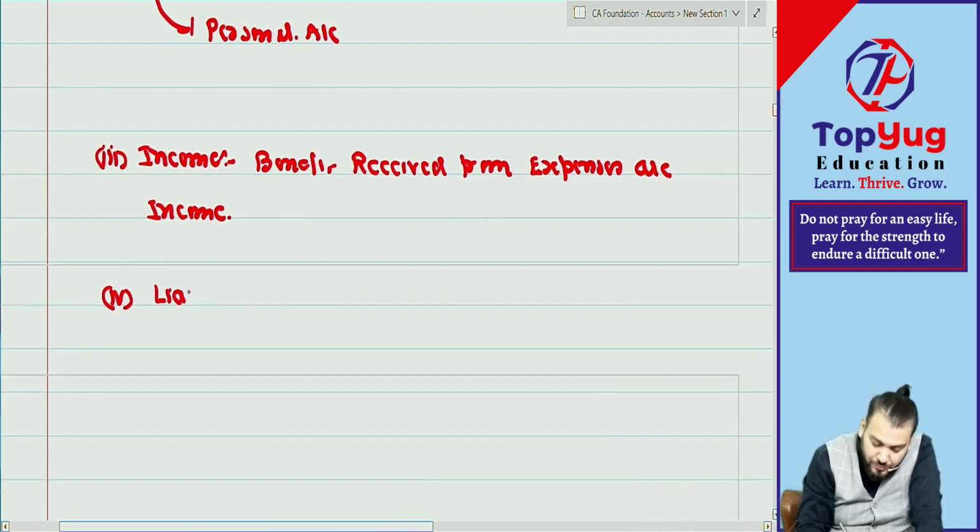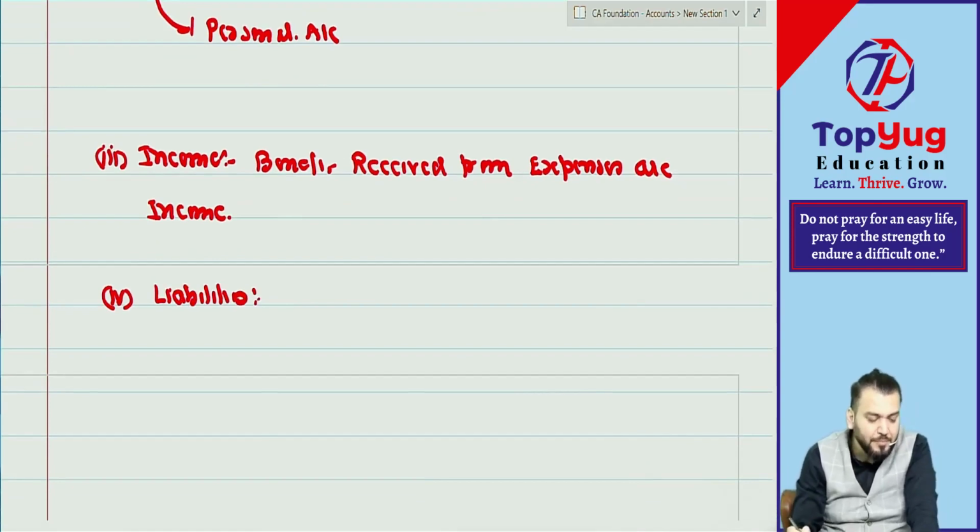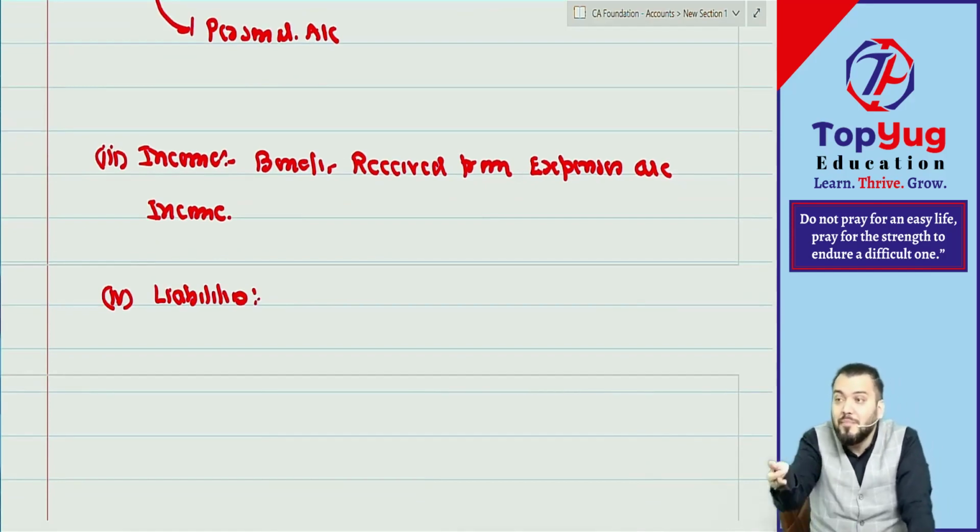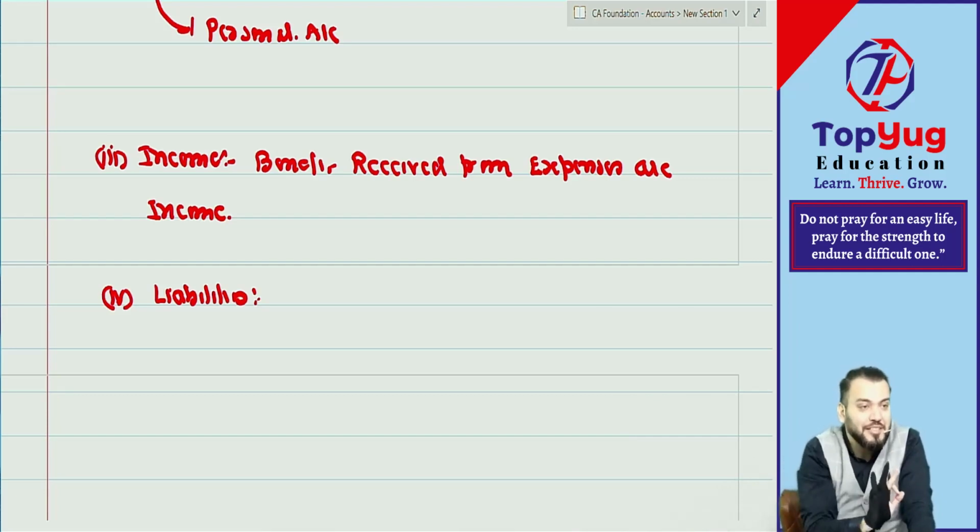Liabilities. Liability is very simple. Any amount payable to any person. Understood? Any amount payable to any person is a liability. Correct?